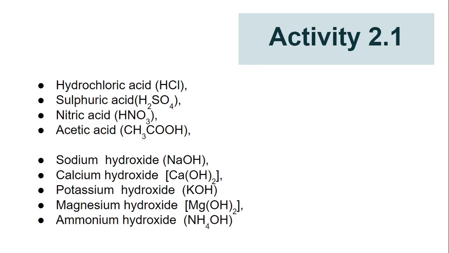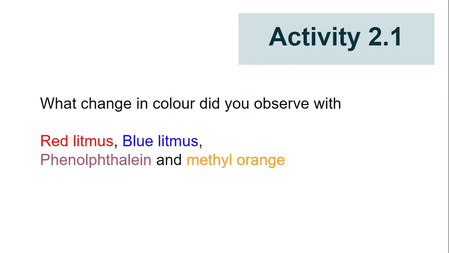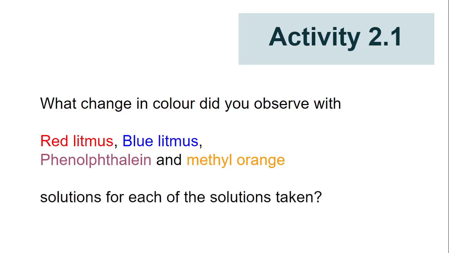First of all, what do we have to do? We put a drop of each of the above solutions on a watch glass one by one and test with a drop of indicator. Now, what change in color did you observe with red litmus, blue litmus, phenolphthalein and methyl orange for each solution taken?